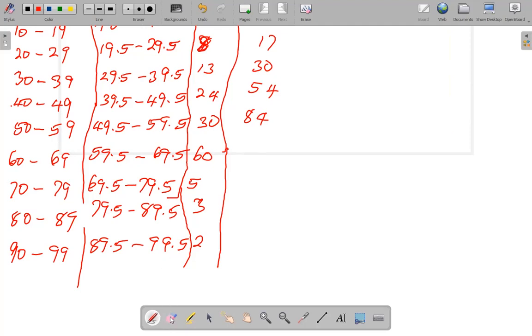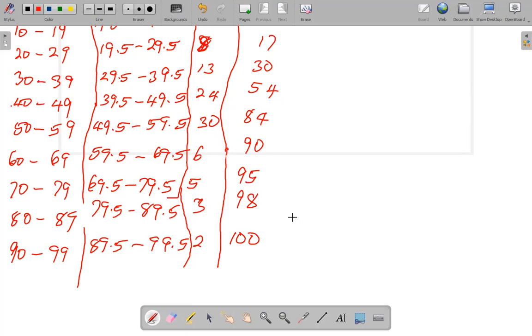I wrote 60 instead of 50. 84 plus 6, 90. And 90 plus 5 is 95. 3 plus 95 is 98. 2 plus 98, 100.